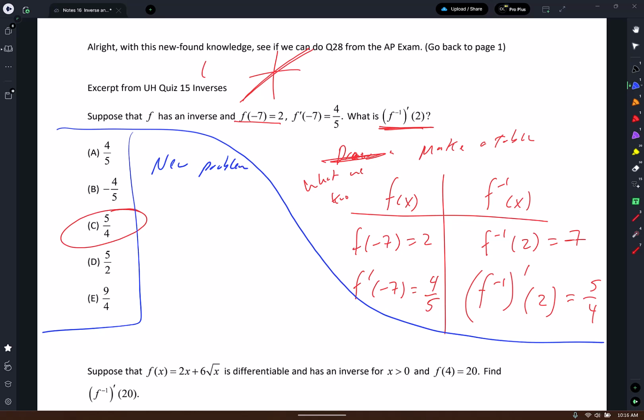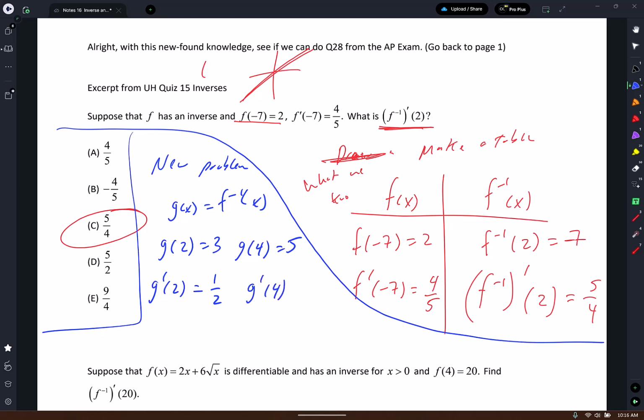Okay, new problem. So I'm going to tell you that g is the inverse of f. And I'm just going to go down the number systems here. Let's see. g of 2 equals 3. g of 4 equals 5. So then I'm going to write g prime of 2 equals, what's a good fraction? 1/2. g prime of 4 equals 1/3.